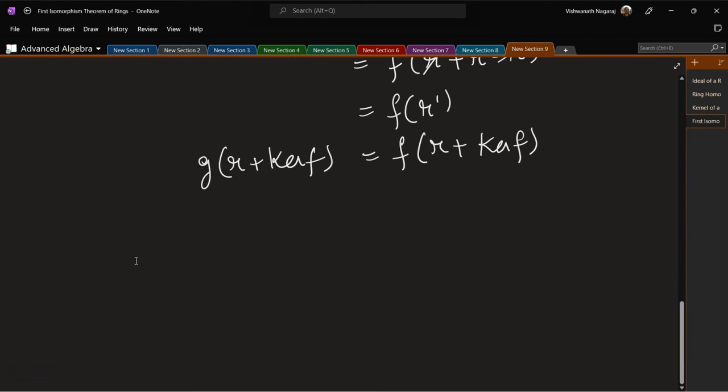Now let's prove that G forms a ring homomorphism.